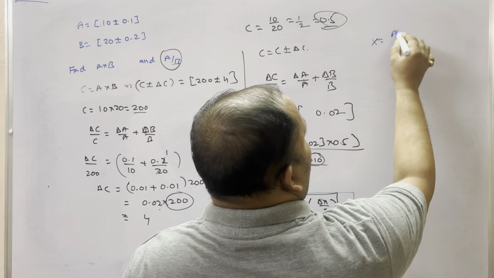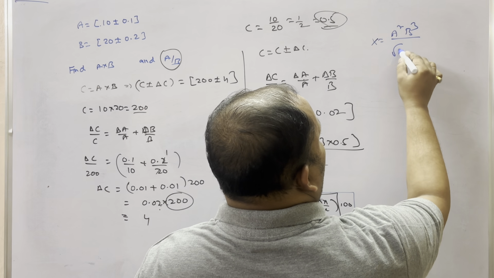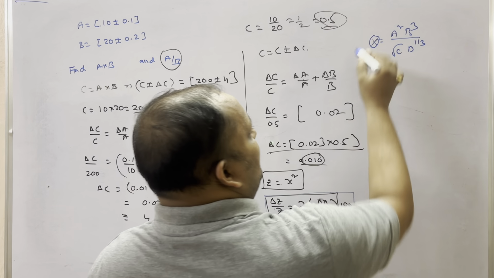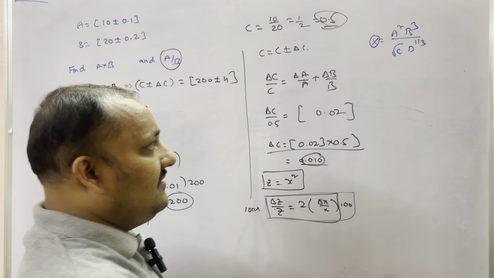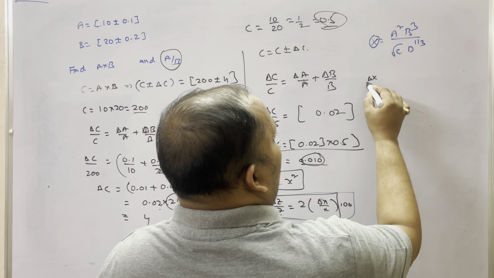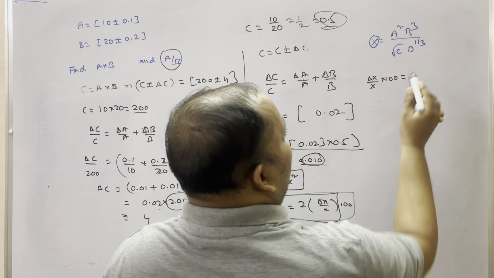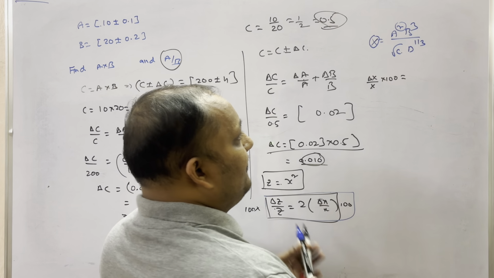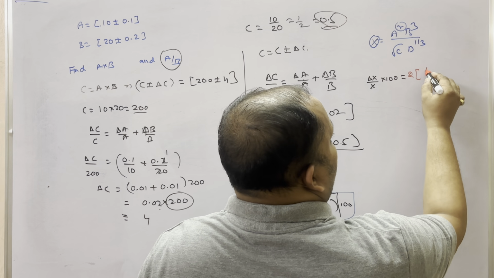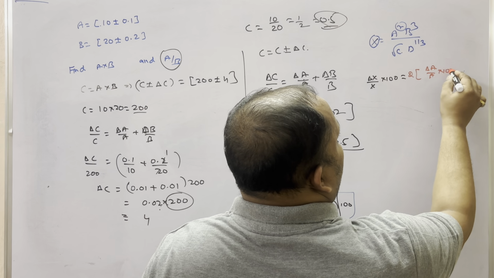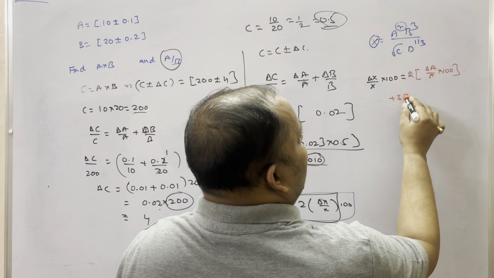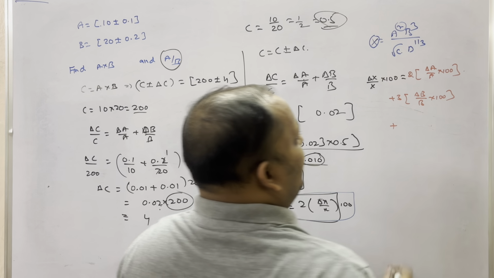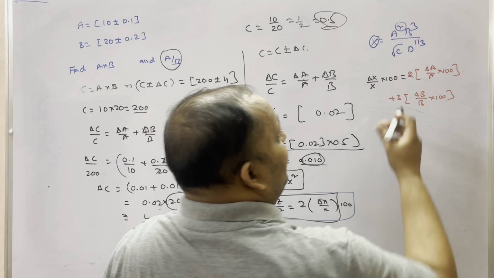X is equal to a square b cube by root c d power 1 by 3. What is the possible percentage error in x, they will ask. At that time, always you have to do delta x by x into 100 is equal to, whatever power there is, you have to multiply by that. So 2 into delta a by a into 100 plus 3 into delta b by b into 100 plus c power, how much is there here?